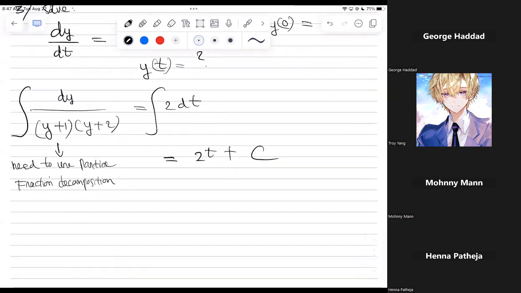Because you have 1 over y plus 1 times y plus 2, you will need to use that. We just learned partial fraction decomposition last week. Okay, so let's do partial fraction decomposition of this one.